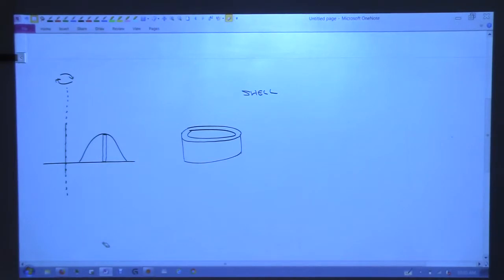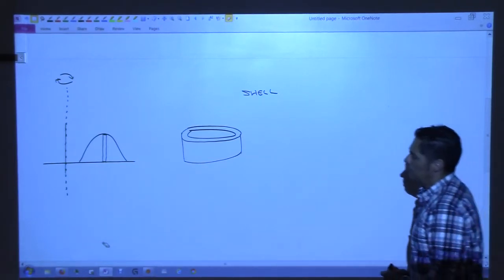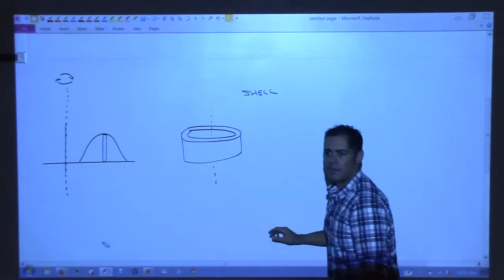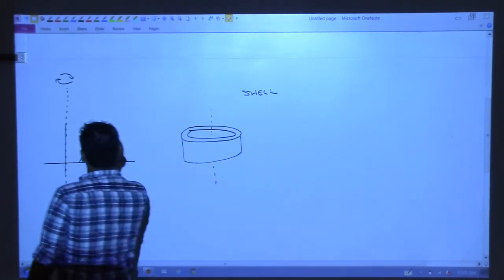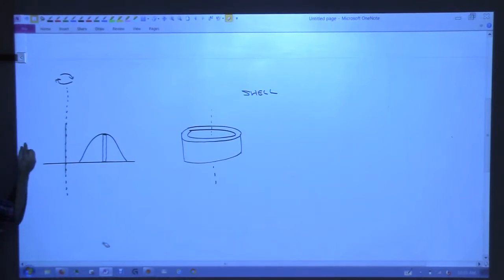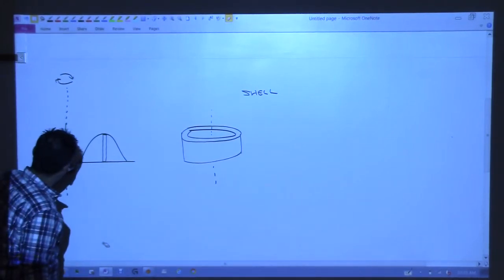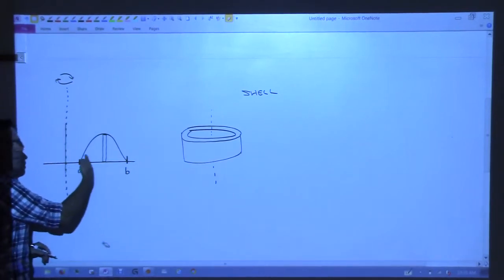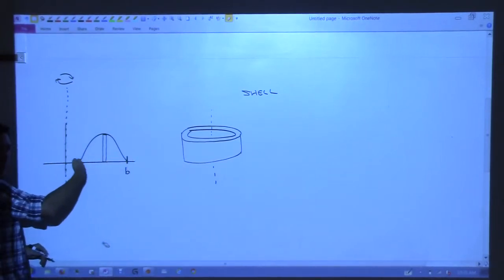There it is. So my axis of rotation is right in there, isn't it? For that particular shell, it goes like this, okay? Now, I'm still looking between A and B. I'm still going to be moving my rectangles left and right, yes?